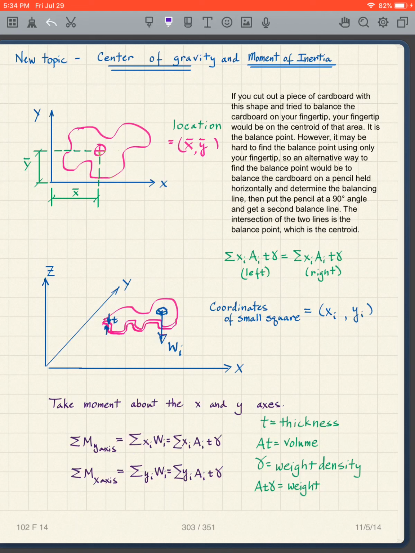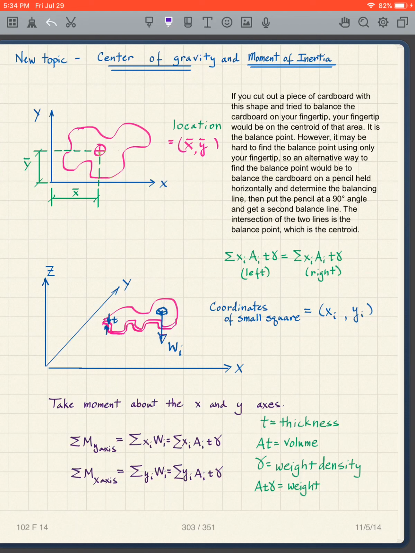Now, we can also use wi. How can I get wi? Well, if I have a certain thickness, and the thickness is constant, and the weight density is constant, then I know that the area here times the thickness, A times T, gives me the volume of that.